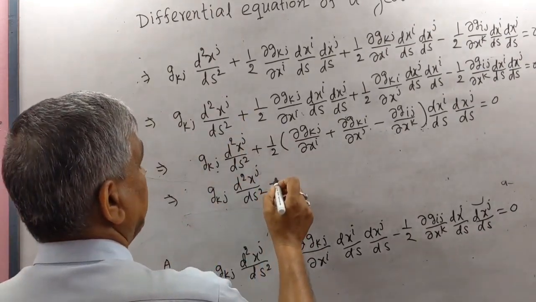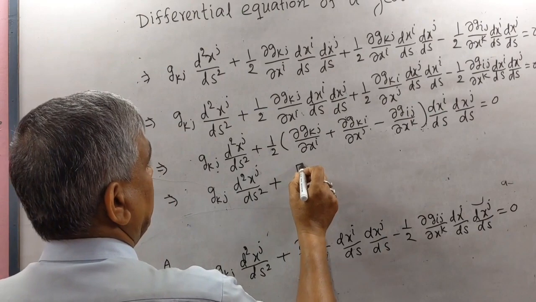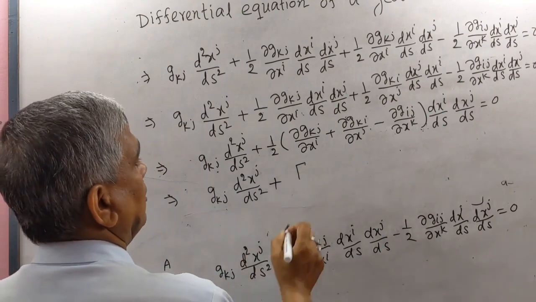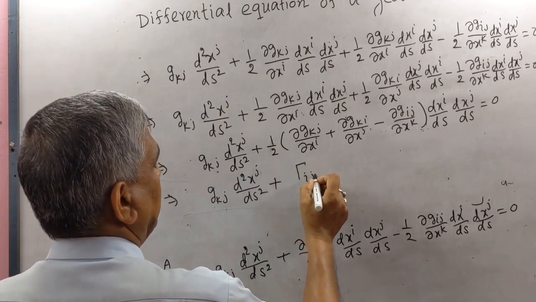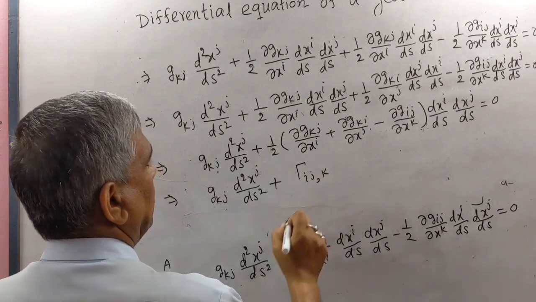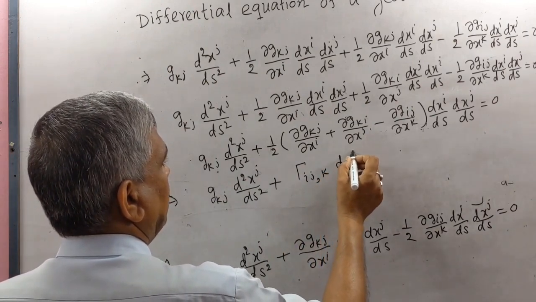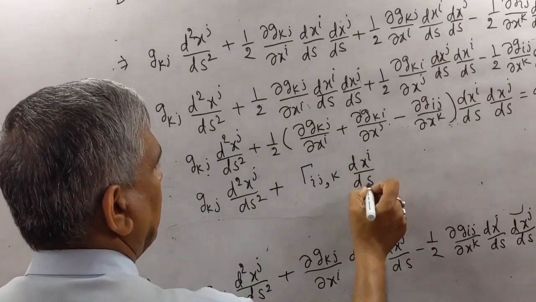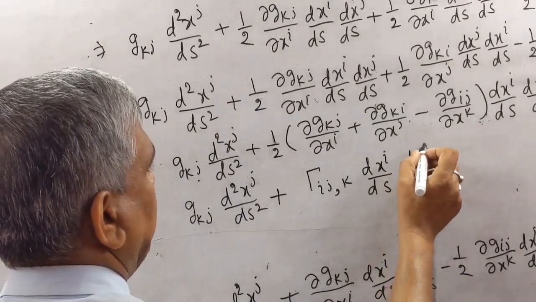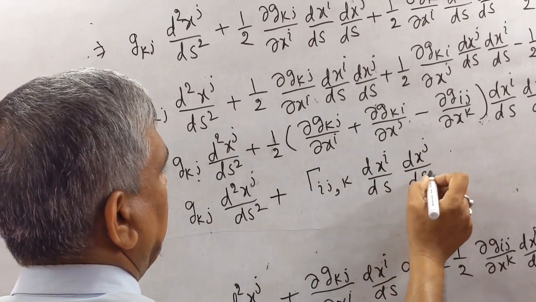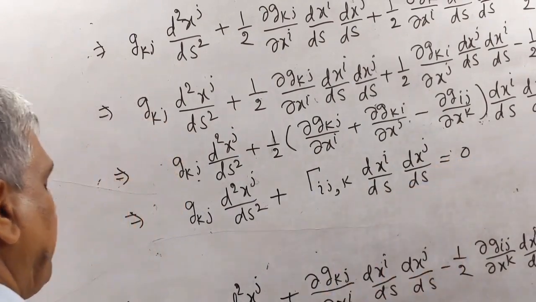So we write this [ij,k] dxi by ds dxj by ds is equal to 0.